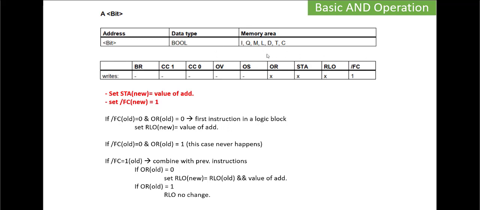We have different addressable memory areas of the PLC, but that's not our current topic. For our examples, we will be using addresses that lie in the memory area of the PLC.